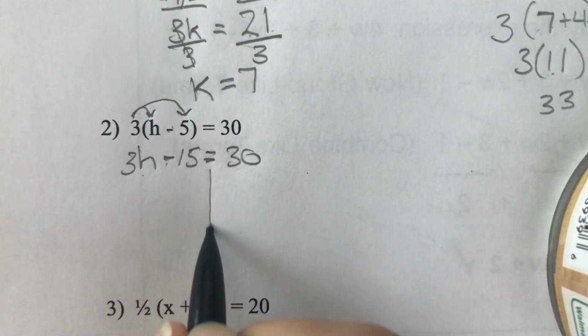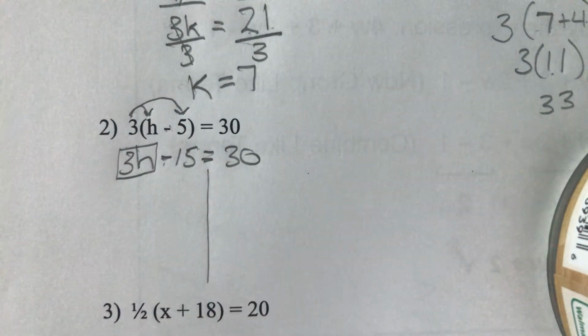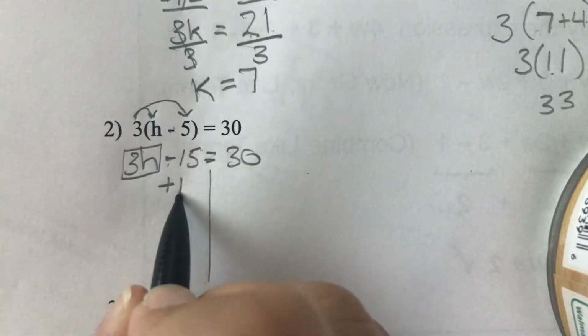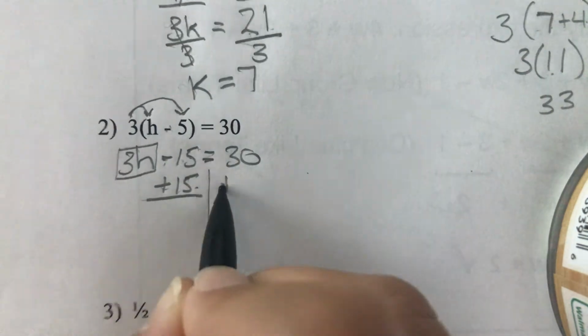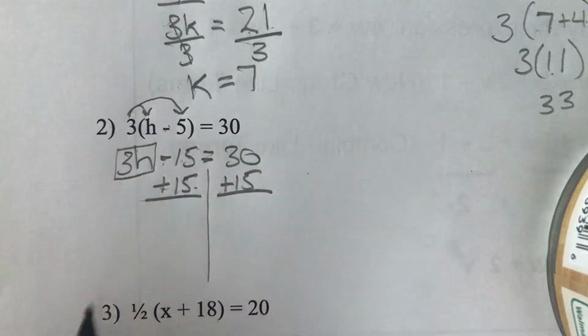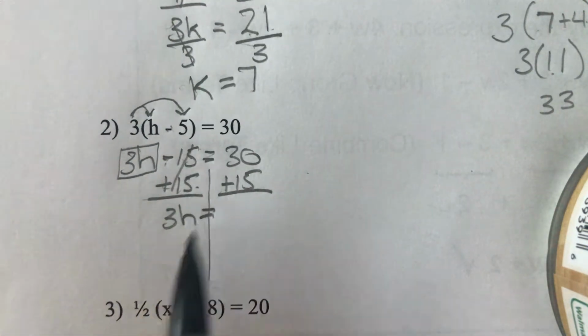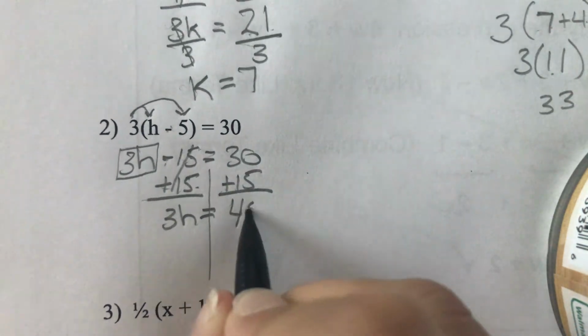Oh, I forgot in the last one, I can draw my line. We talked about boxing in that variable. Opposite of the 15, negative 15 is positive. I do the opposite sign, the inverse operation. I bring down my 3h. 30 plus 15, I've got 45.